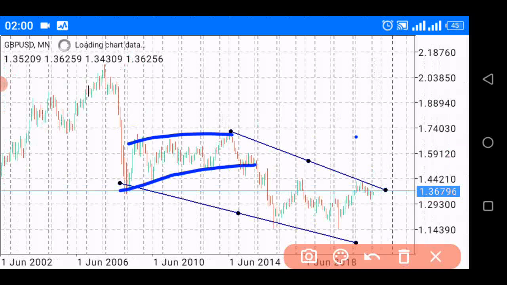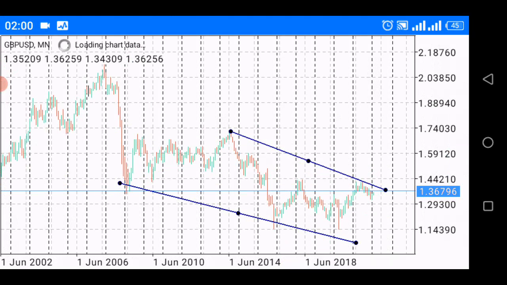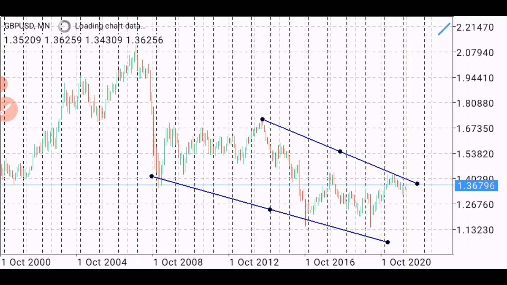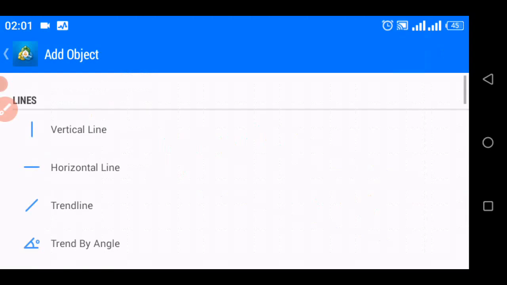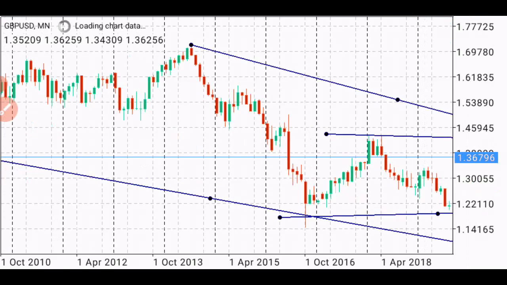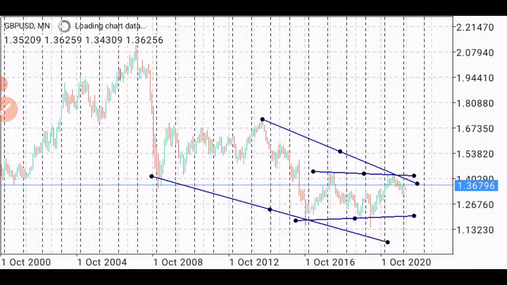We first have a corrective movement, then we have an impulsive movement, and now we are having a corrective movement too, and we are in a corrective movement pattern.